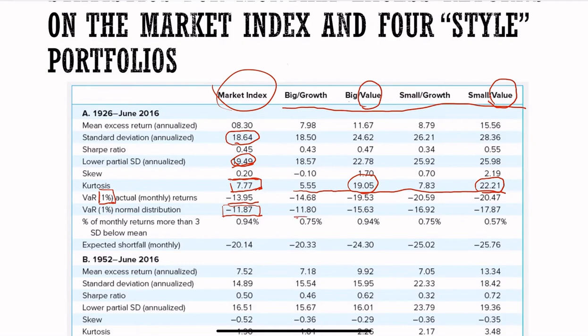And you can see that for all other cases, it is only slightly larger, right? So this basically tells you that, well, maybe normal distribution is not such a bad assumption for security returns. And if you compare the expected shortfall and the VAR, you can see that expected shortfall is always smaller.